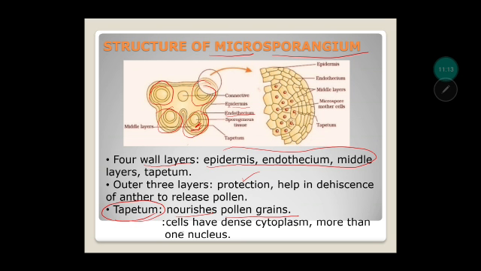The cells in the tapetum have dense cytoplasm. Dense cytoplasm means a high rate of metabolic activity is being carried out inside it, and generally it has more than one nucleus because it has to prepare the pollen grains for sexual reproduction. So it is providing all the metabolic facilities.